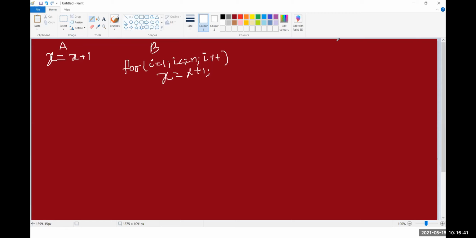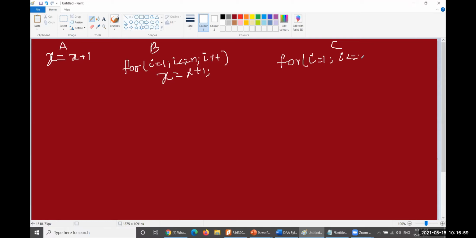Then one more program. Here, for i equal to 1, i less than or equal to n, i plus plus. The same statement will be included in different ways.